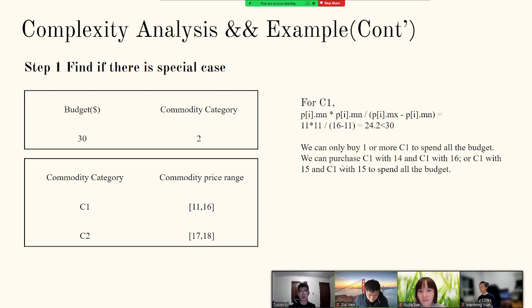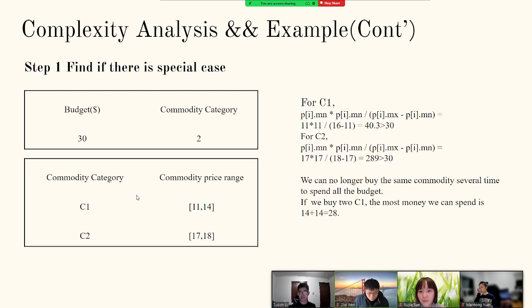However, with the same budget, if the price range of commodity 1 is different, say from 11 to 14, it can no longer satisfy this equation. By purchasing only C1, the maximum amount of money we can spend is 14 plus 14, which is 28.